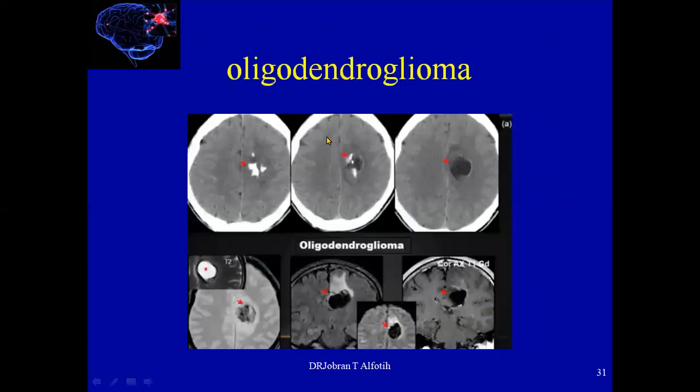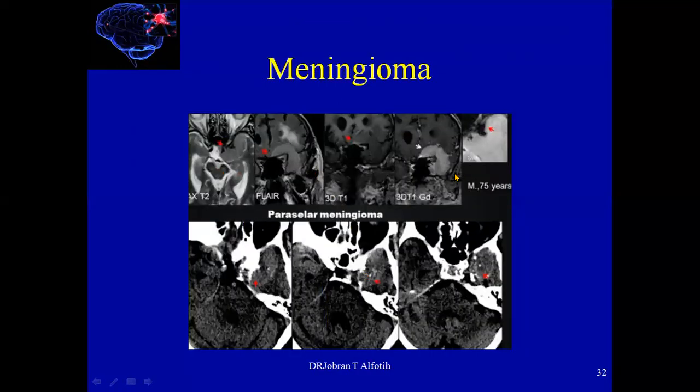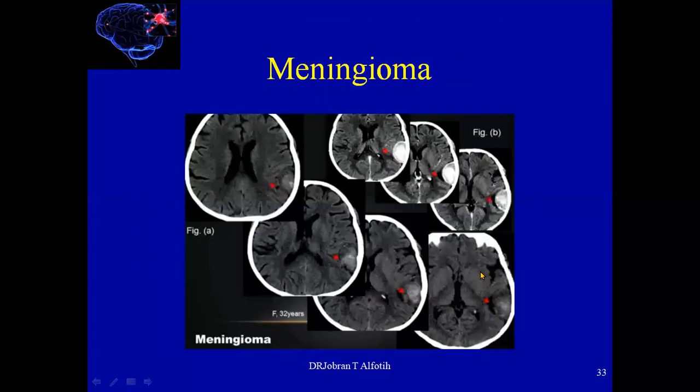And here, oligodendroglioma in the right frontal region, and meningioma of the sphenoid wing here, which has small dotted calcifications. And here also we have a meningioma, which has calcification inside it.